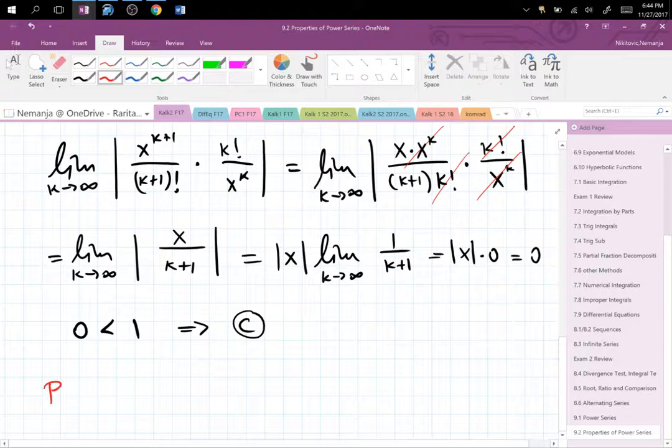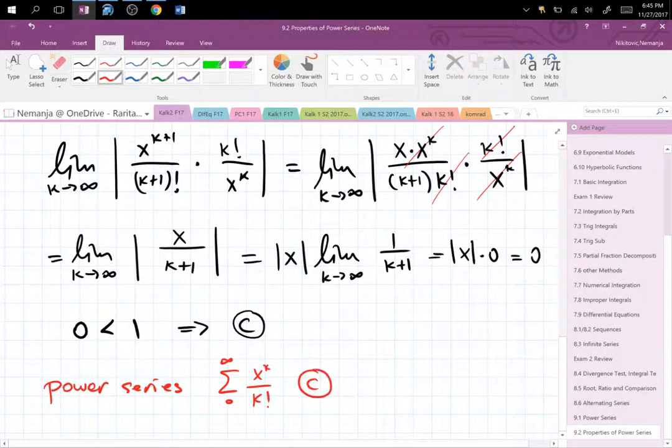So the power series, summation of x to the k over k factorial from 0 to infinity, converges for all x.